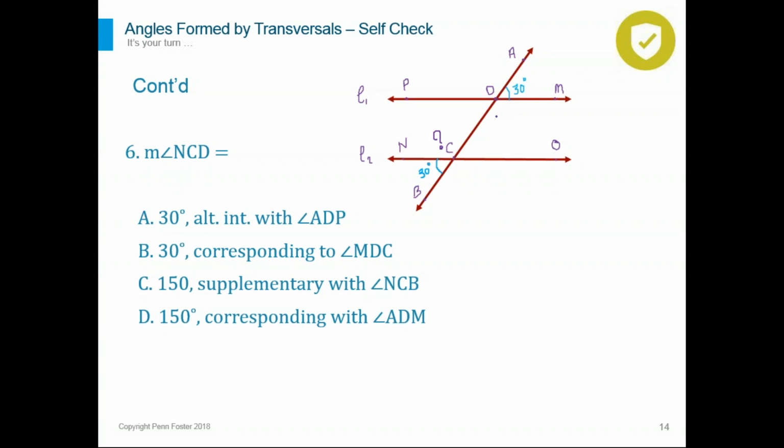Is it corresponding angles, these two? 150 degrees because supplementary with NCB, so this angle, NCB, these two are supplementary, or 150 degrees because it's corresponding with ADM. So are these two corresponding angles?